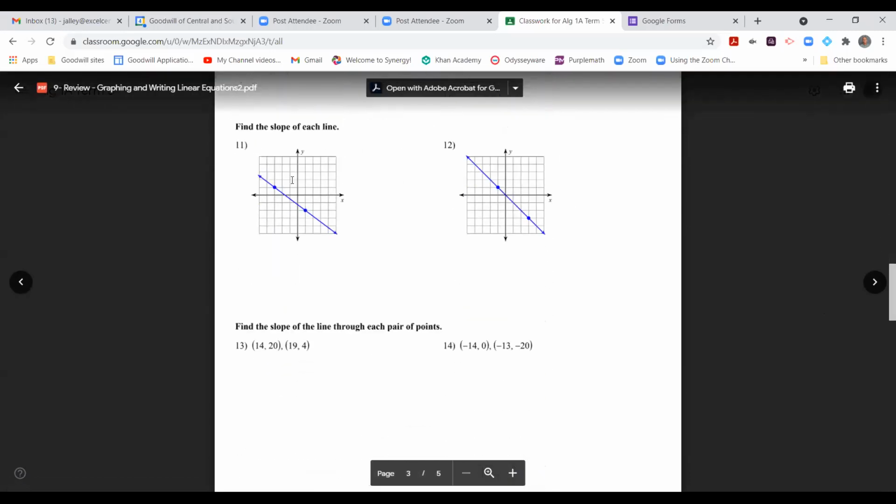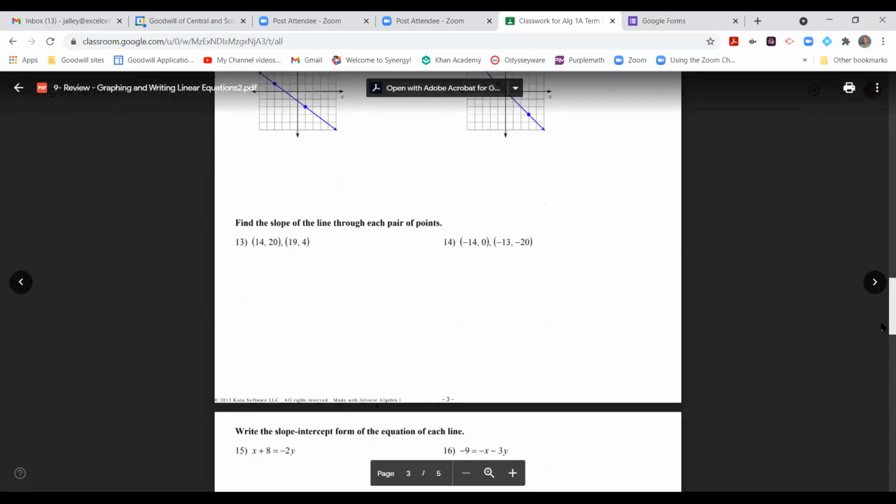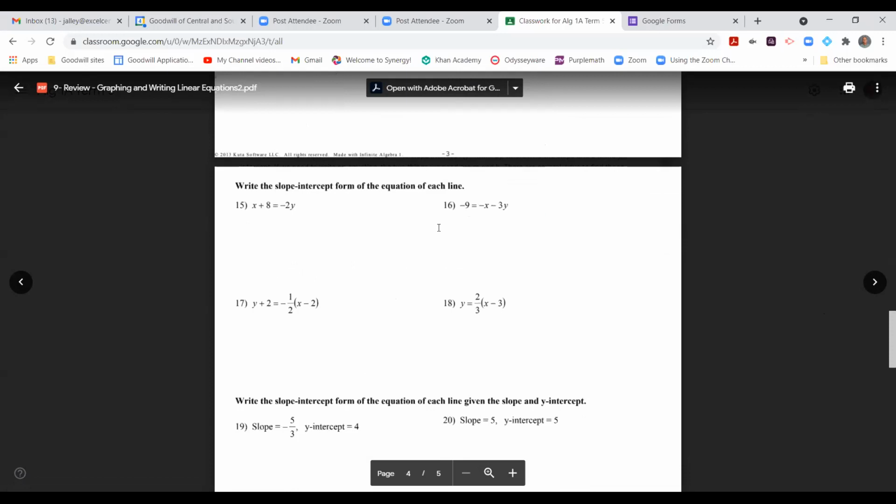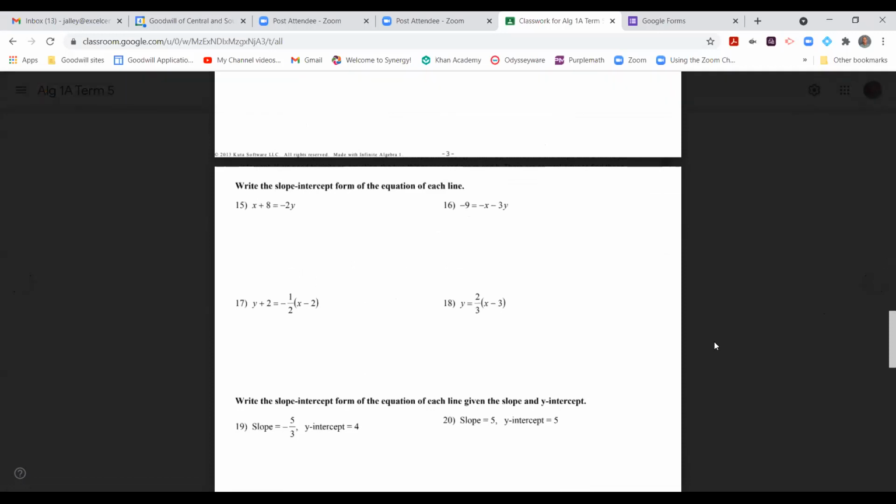Find the slope from the graph. Find the slope from 2 points. Slope-intercept equation from different formats. All the different varieties of things that you've seen in terms of equations or graphs and slope are in that other handout.